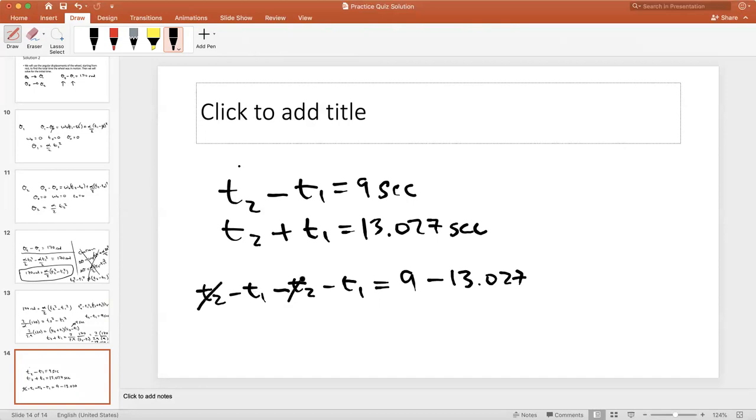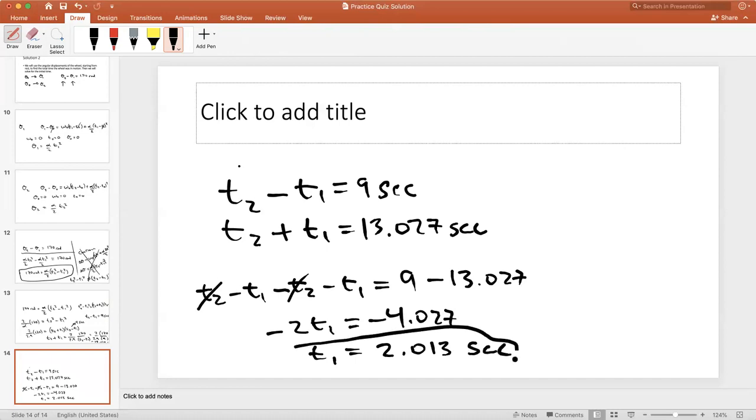The t2 cancel, and we get minus 2 t1 is equal to minus 4.027, and t1 is therefore 2.013 seconds, which was the same answer we got previously using the other method.